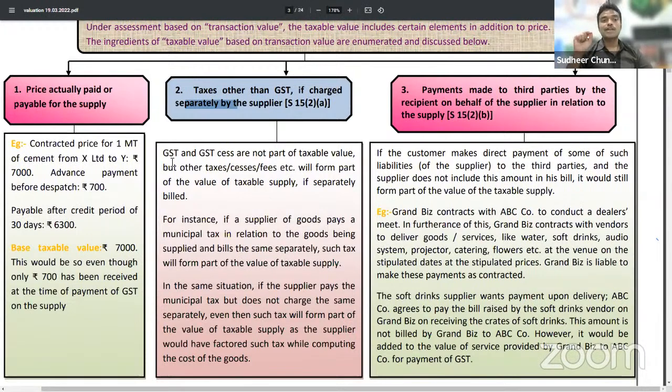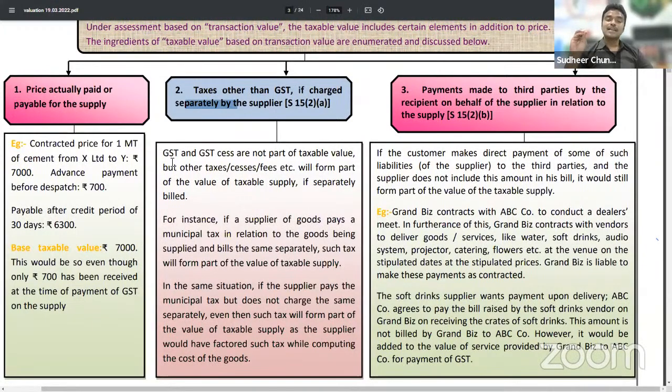This also amounts to indirect rent only. That means along with the 12 lakhs of rent, additionally municipal tax is also being charged by the owner. So then 12 lakhs plus 50,000, 12 lakh 50,000 will be regarded as the value of supply.